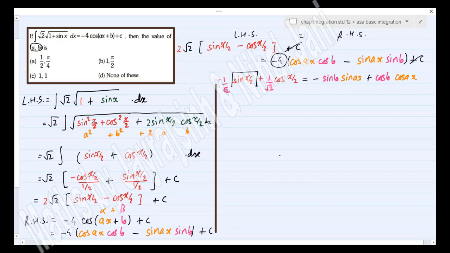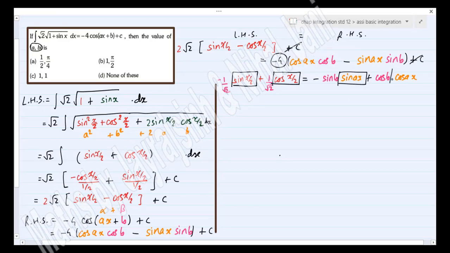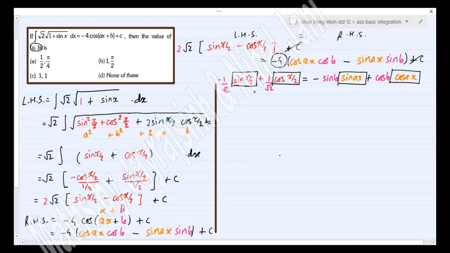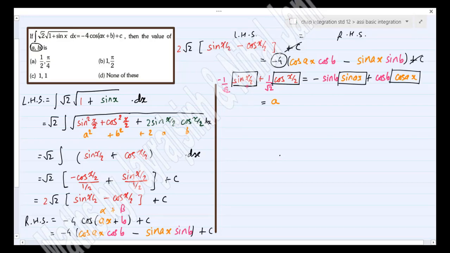Here we have sin x by 2 and here we have sin ax. Similarly, cos x by 2 and cos ax, these are the function of x. So let's compare left hand side with the right hand side. So we can say on right hand side we have a as a coefficient of x, and on left hand side we have 1 by 2 as a coefficient of x.